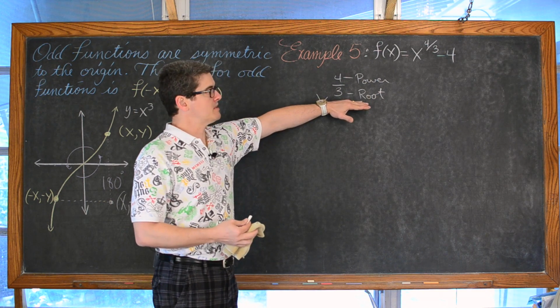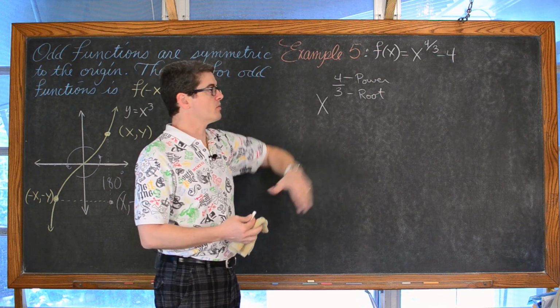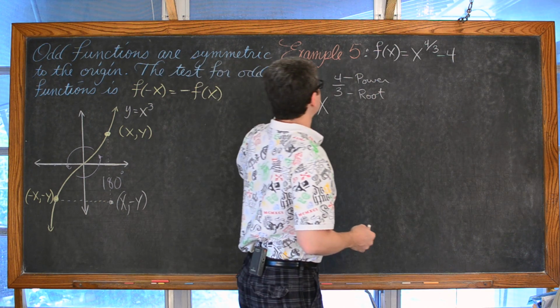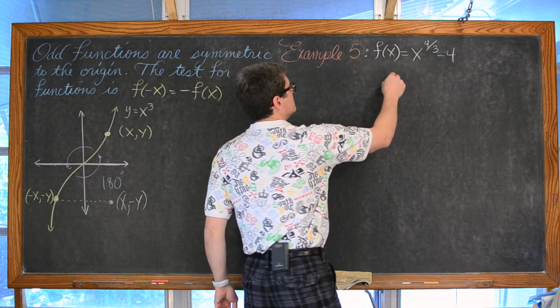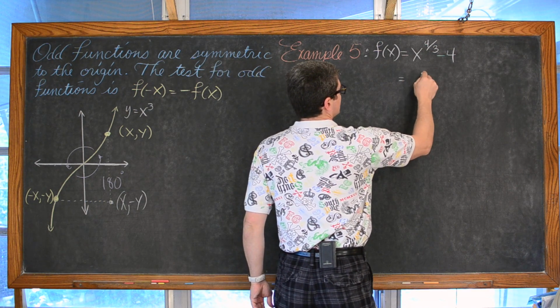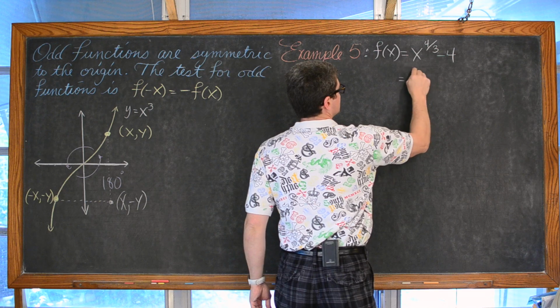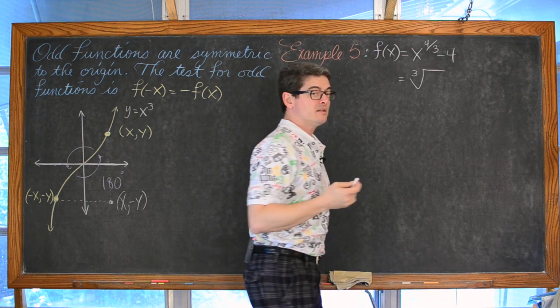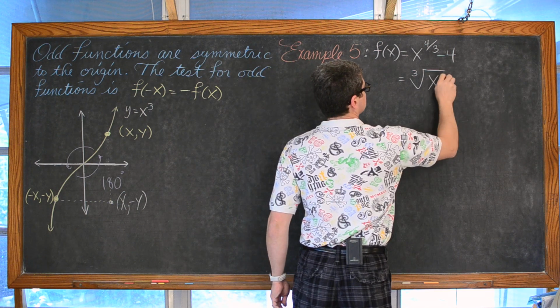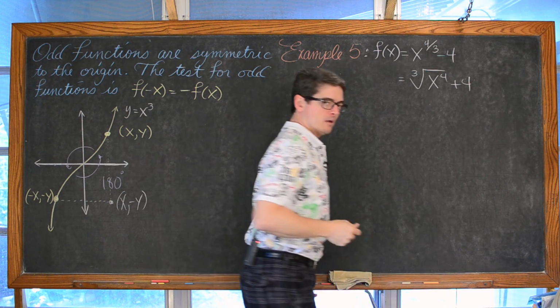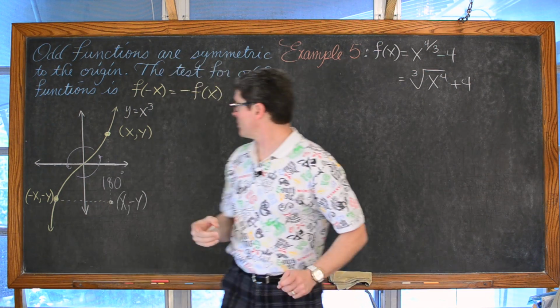If you're doing mental math, I usually like to do the roots first and then apply the power. So x to the 4/3 power is the same as the third root, that's the index, of x to the 4th, minus 4. Okay, so now we're going to apply this test.